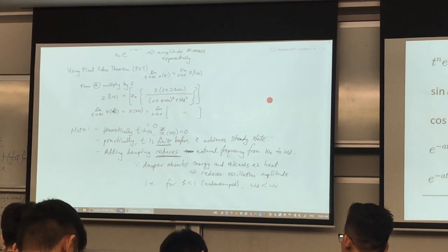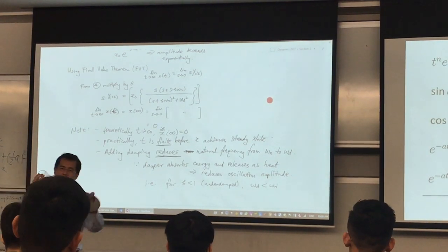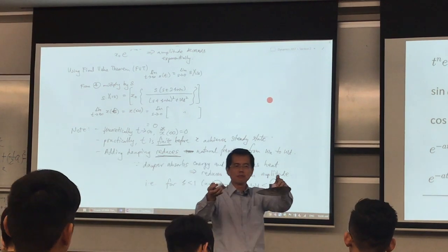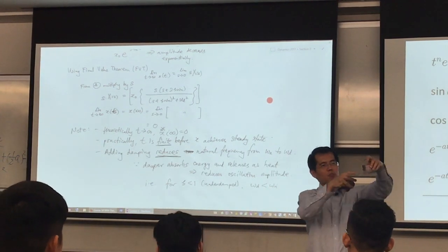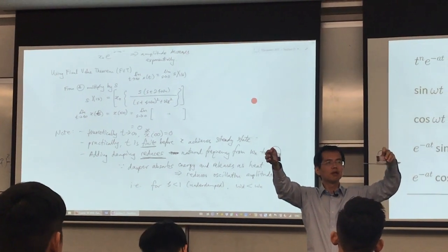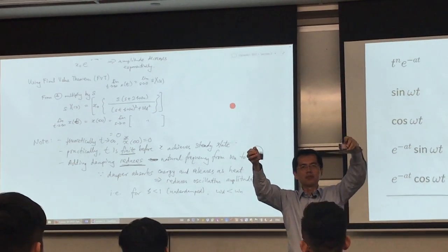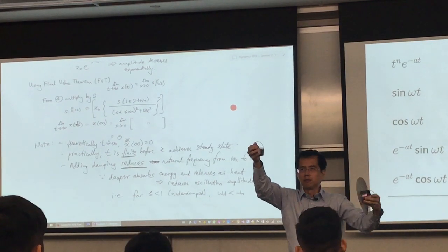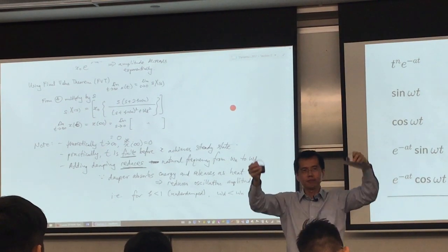So what I have here is the same spring. These two springs are actually the same. On one of them I put a damper, and the other one is only the spring. If I were to release them, you'll find that both sides will oscillate.